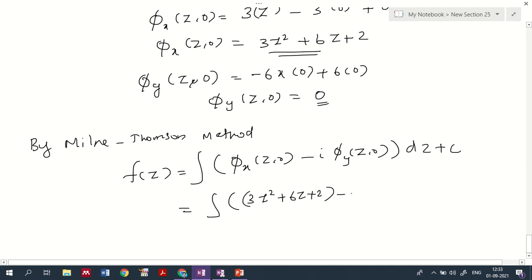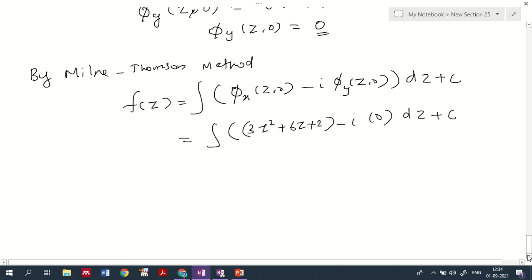Okay. Minus i into what is phi y of z, 0? That is 0, right? So that is 0 dz plus c will be there. Okay, once I got that, so I'll have the representation corresponding to that. What will be equal to integral 3z square plus 6z plus 2 dz plus c will be there.